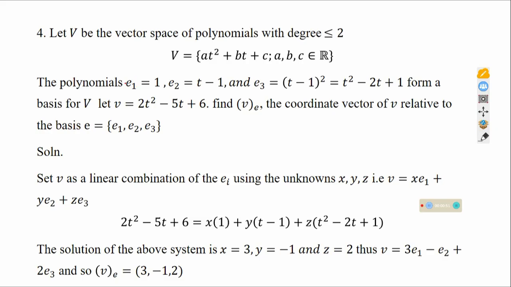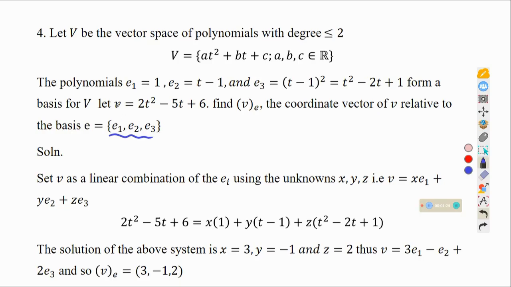These polynomials e1, e2, and e3 form a basis for V. Now, if you pick a vector V from our vector space V, such that your V is 2t squared minus 5t plus 6, we need to find the coordinate vector of V relative to the basis E, which is having vectors E1, E2, and E3.